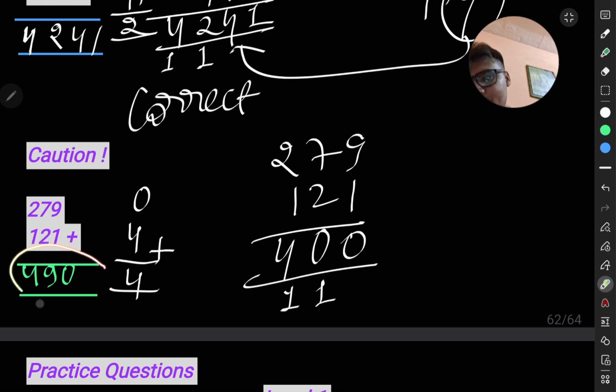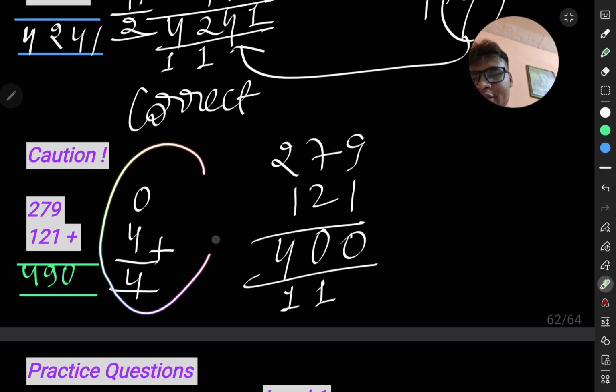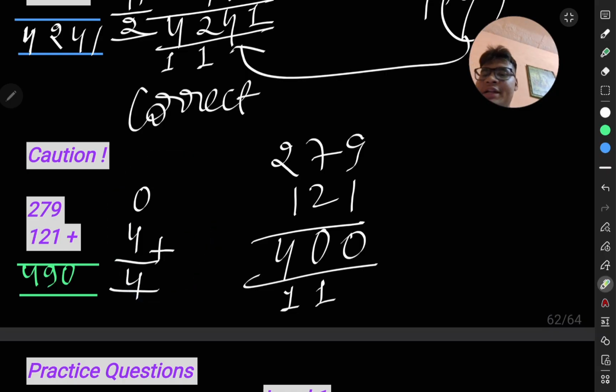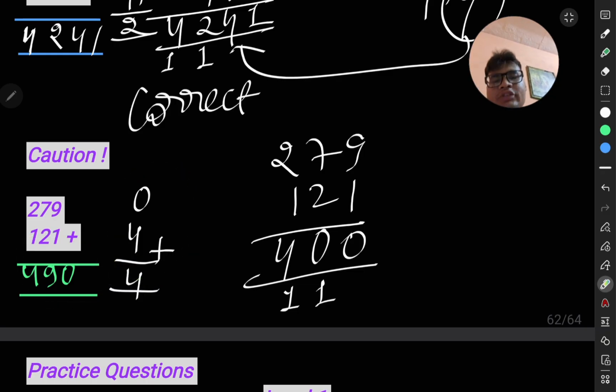By checking with digit sum, according to digit sum it is also true, but the actual answer is 400.